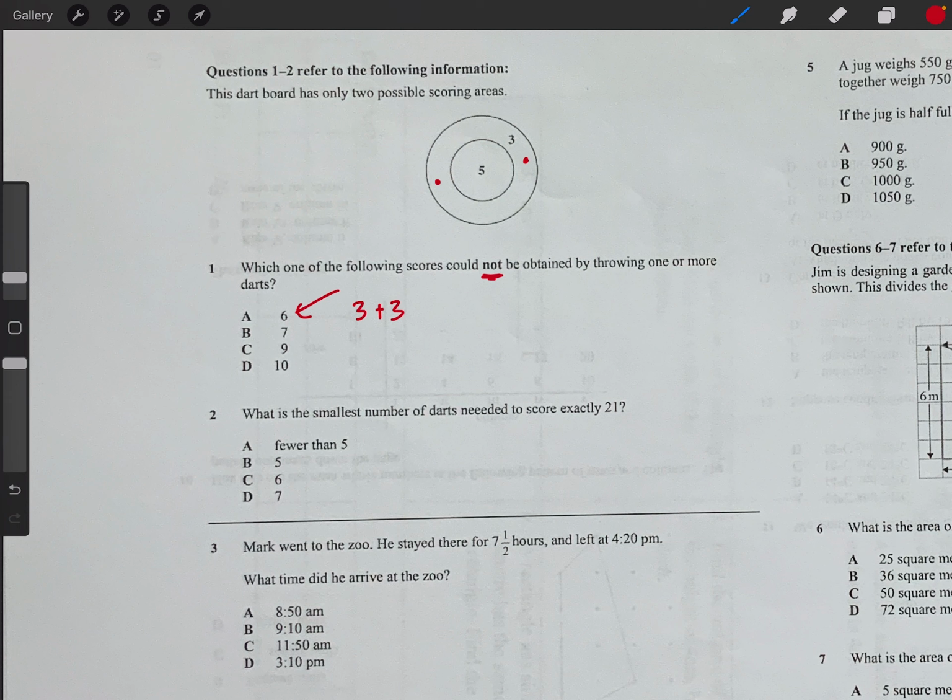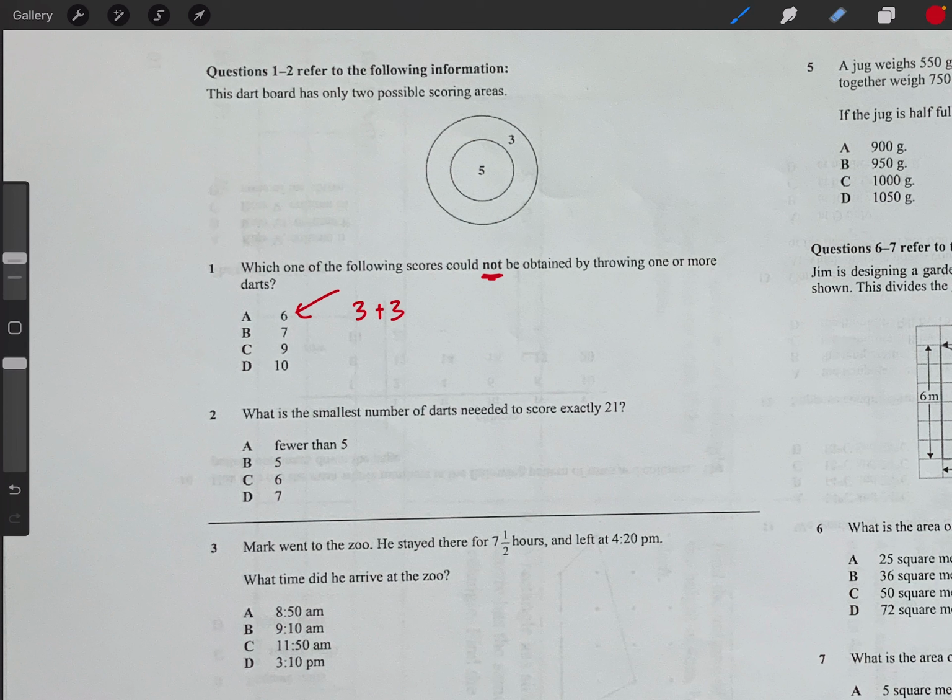So that means they get a 6 points, okay? Every time you throw darts, wherever it lands in whatever region, you just add the points there. So for example, if it lands anywhere inside this region, it's going to be counted as a 5 point. If it lands outside of that region, but within this region, it's counted as 3 points. So there you go. And if it lands outside of that, like somewhere here, you get 0 points.